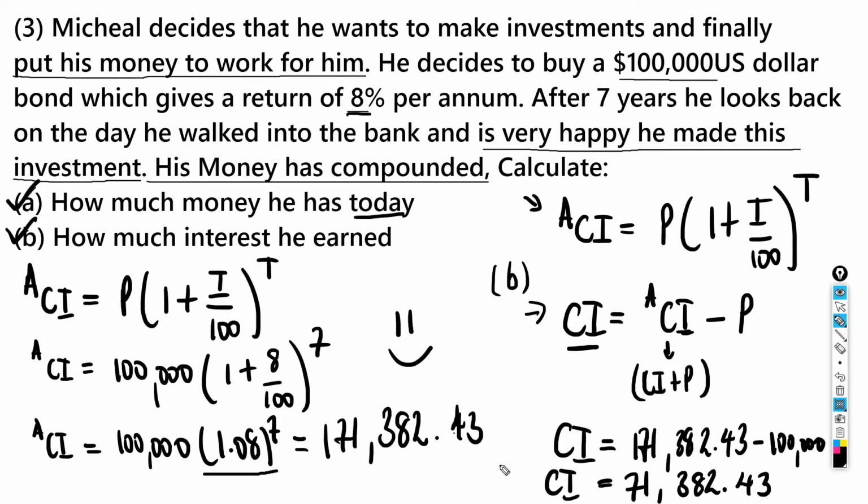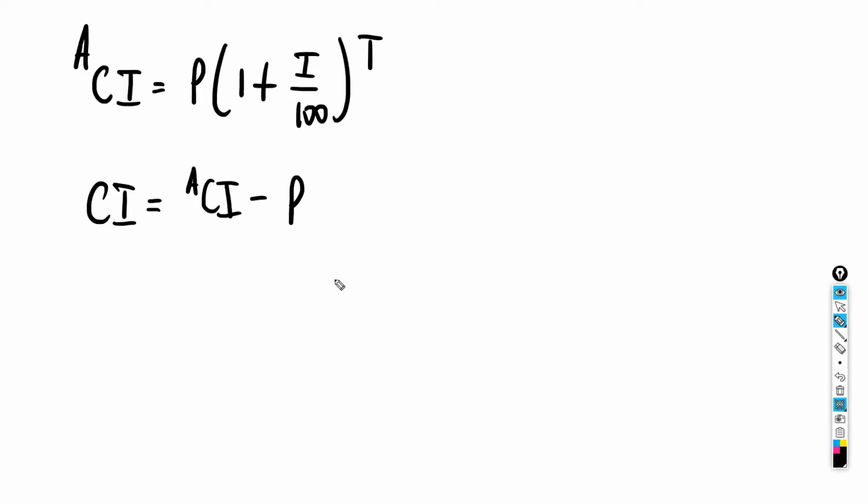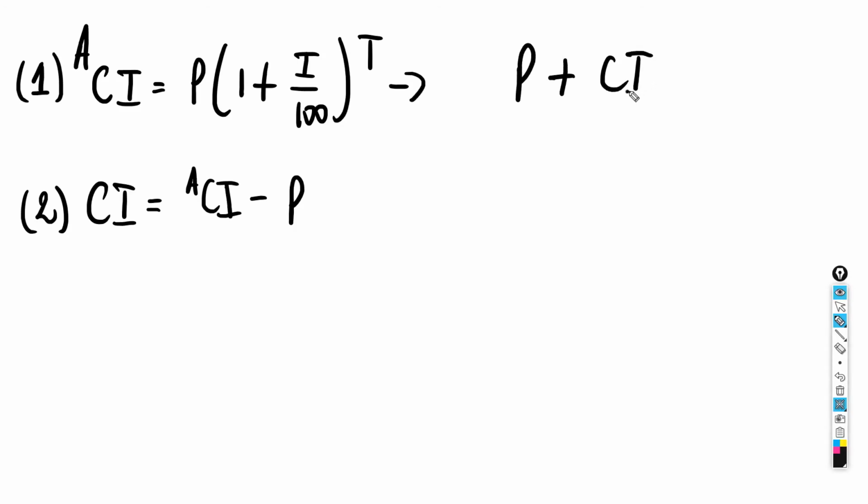Let me just clear the screen and put up the two formulas. All right, guys, these are the two formulas we need to know when we're dealing with compound interest. We need to know that this is the accumulated amount, the principal and the compound interest, the ACI formula.